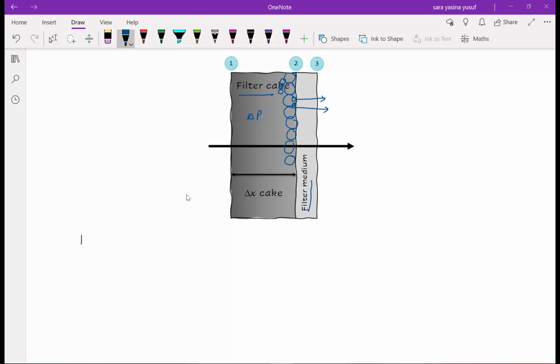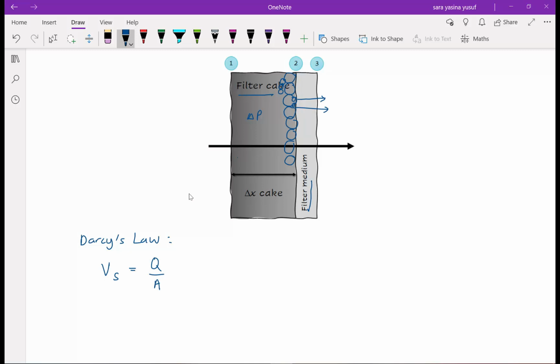So according to Darcy's law, okay, Darcy's law, the flow in a porous medium is given by this equation. Okay, the velocity equals the flow rate that passes through these two boundaries of filtration layers.